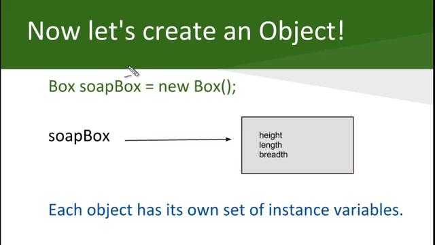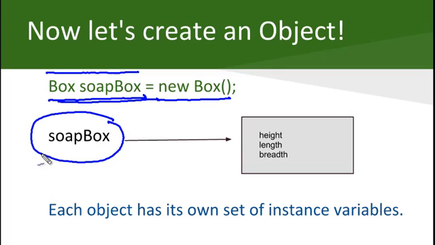But what do we do to create an object? For that we write this code. Understand here that when I write Box soapBox, this part is creating a reference variable.